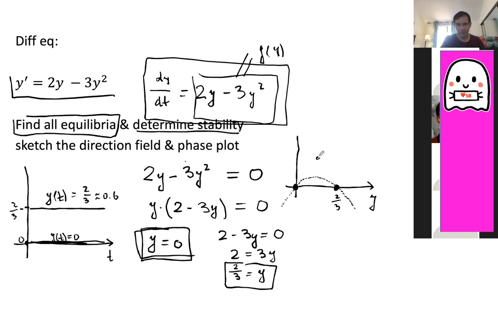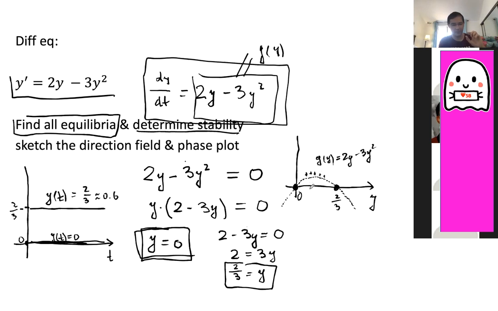So this is exactly the function g of y equals 2y minus 3y squared. Now let's try to classify maybe this equilibrium solution 2 over 3. What's happening here? The derivative is positive. When I stay between 0 and 2 over 3, the derivative is positive.